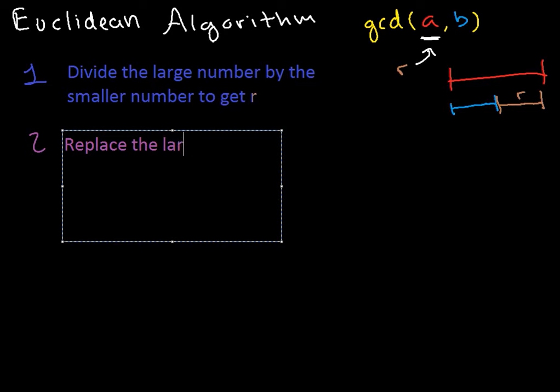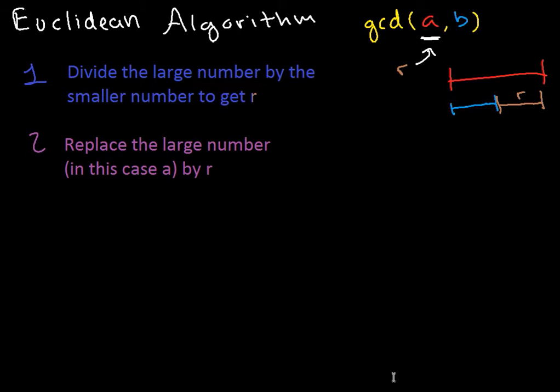Replace the large number, in this case A, by R. And finally, as most of the last stages are, repeat.